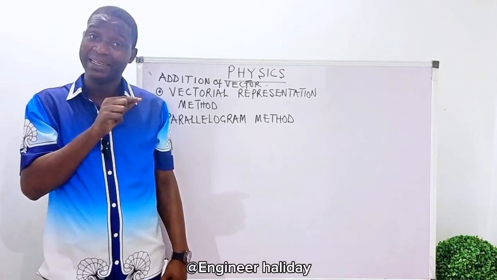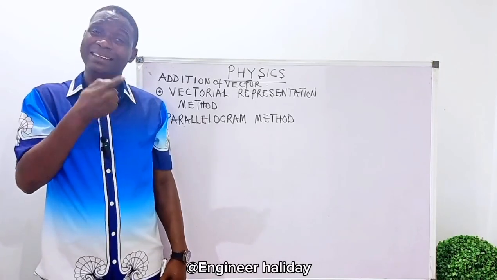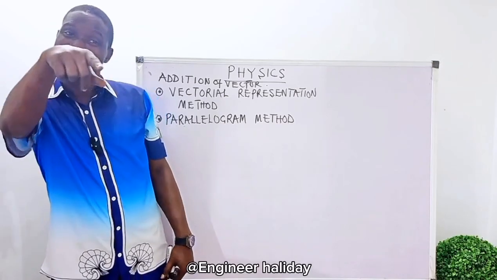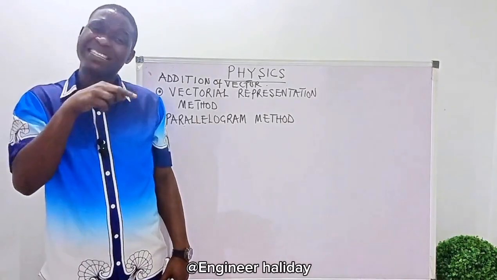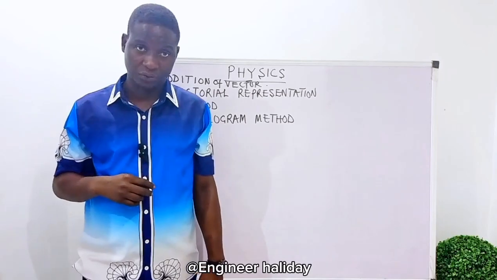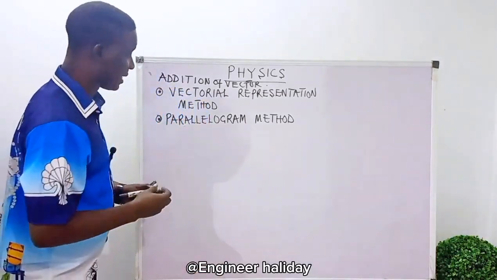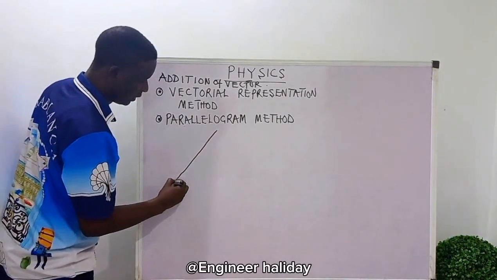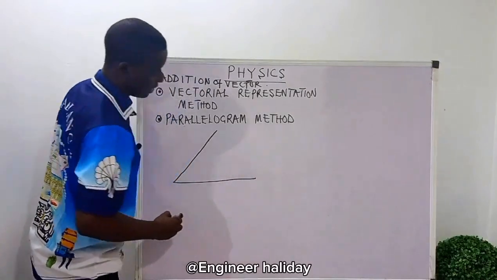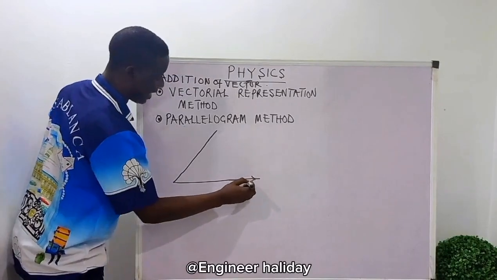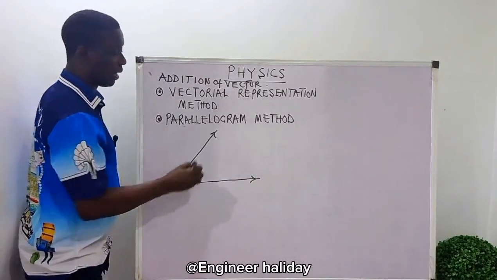That is to say, a resultant force is drawn from a common point with a diagonal representing the magnitude and direction of the two vectors. What we are saying in essence is, let's take this one as one of the vectors and this one as the other side, with the arrow as the direction.